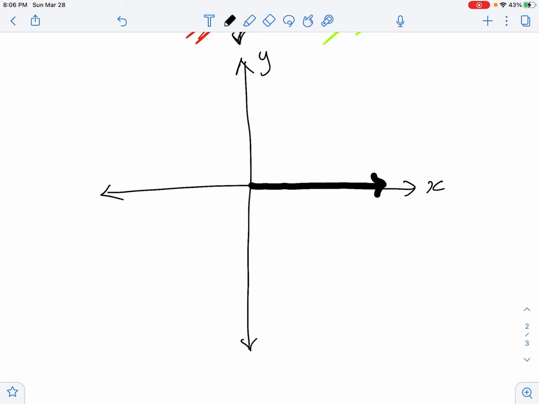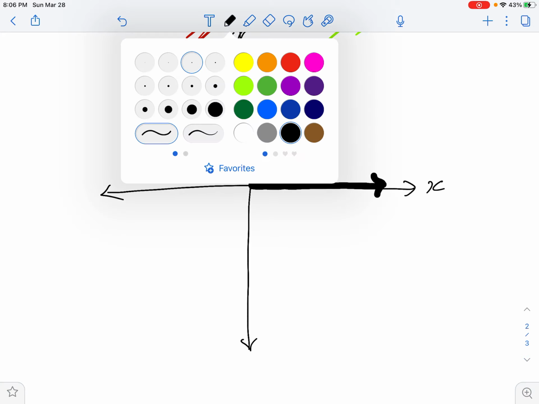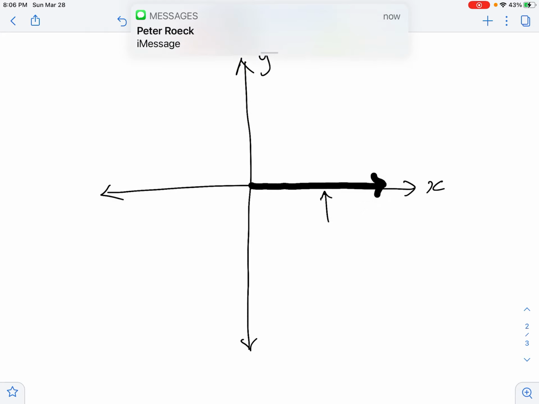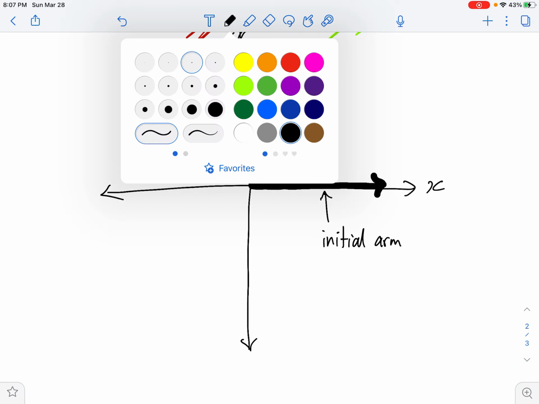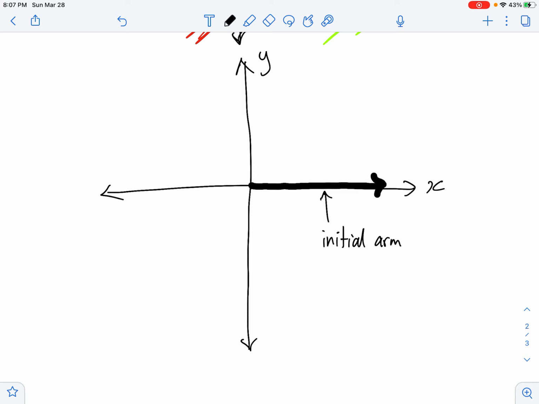The initial arm is always going to be on the positive x-axis. Now, what changes is where the terminal arm can be.